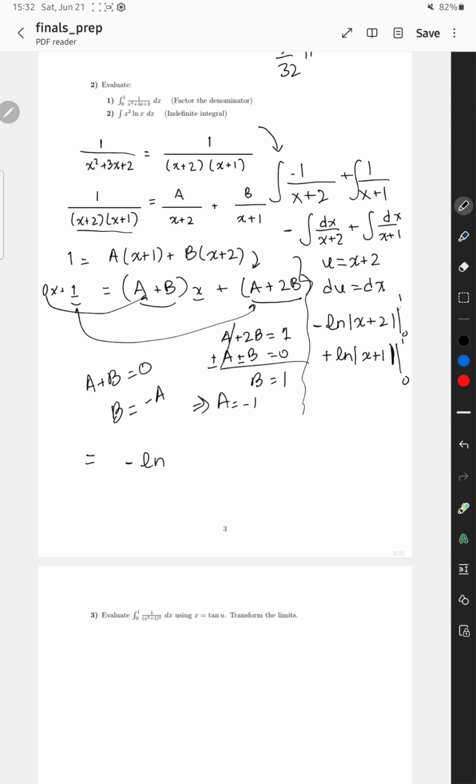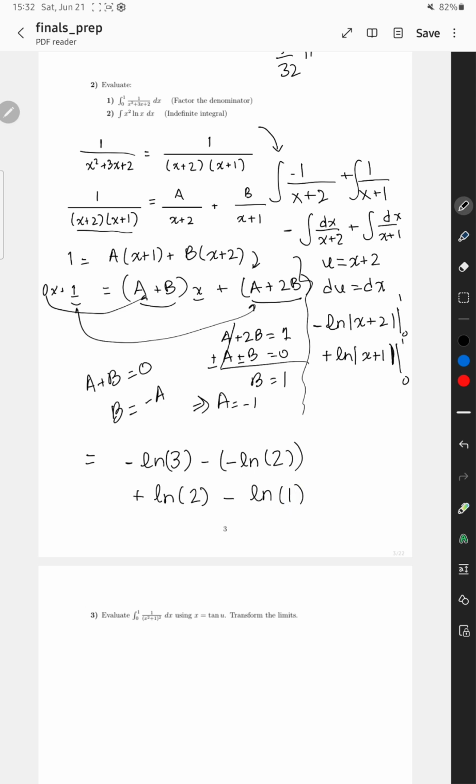So natural log, when you plug in 1, it's 1 plus 2, that is 3, minus natural log of 0 plus 2, which is 2. And then when you have 2 here, you should have plus natural log 1 plus 1, 2, minus natural log 0 plus 1, 1.